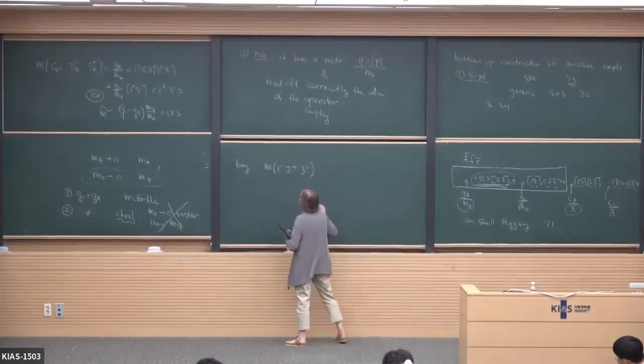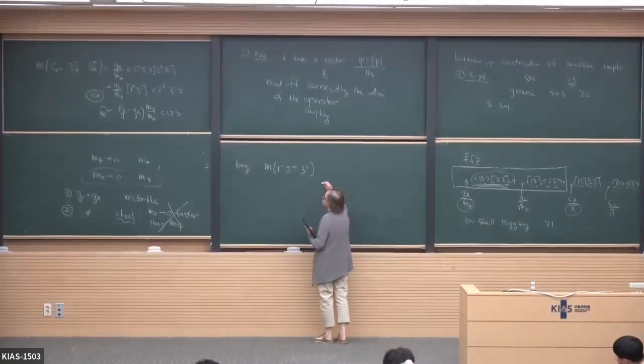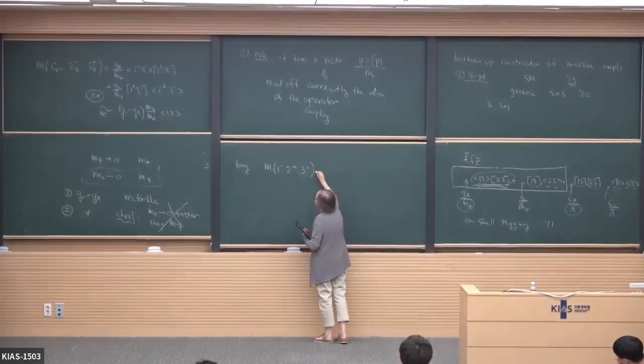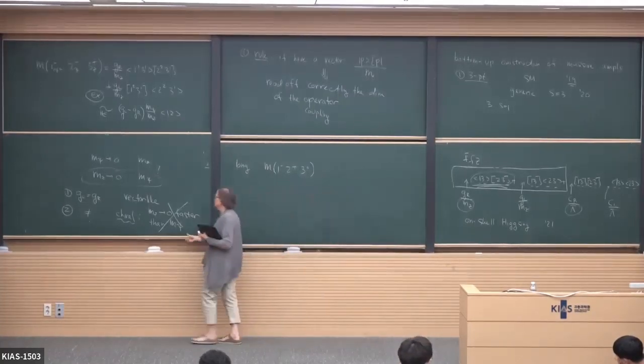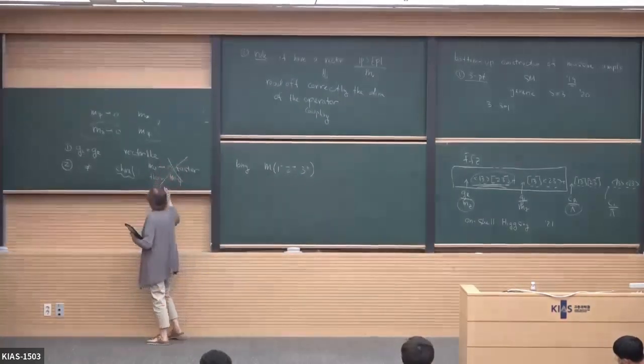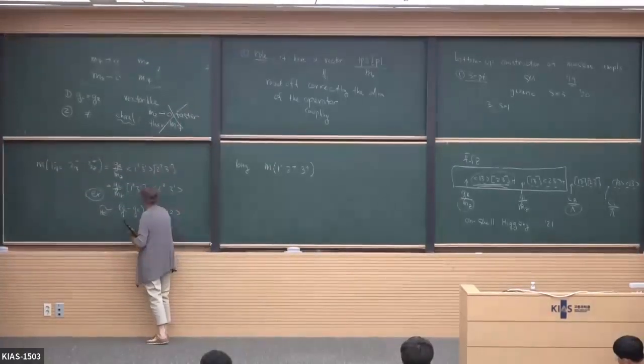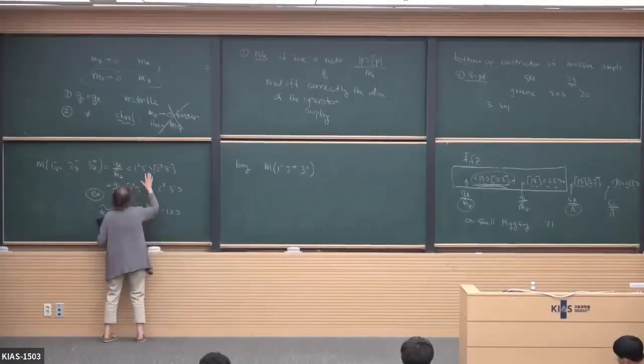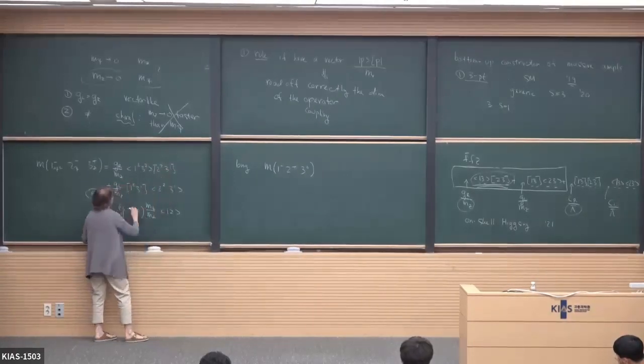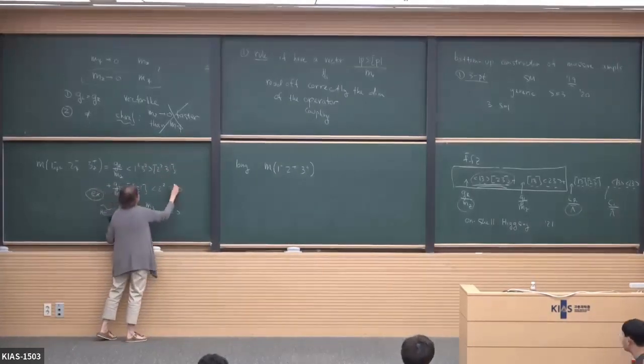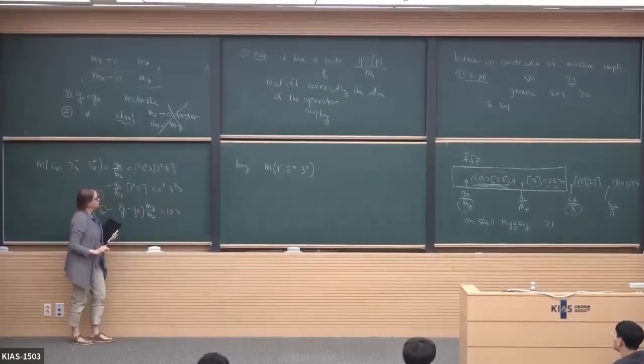That means that my choice of indices is different. So let me just change it over here. Now this is going to be 2. This is going to stay as 1. This is going to be 1, and this is going to be 2. These are the 2 leading contributions.